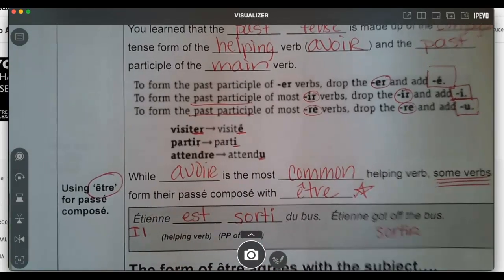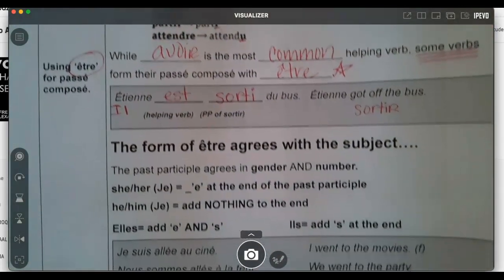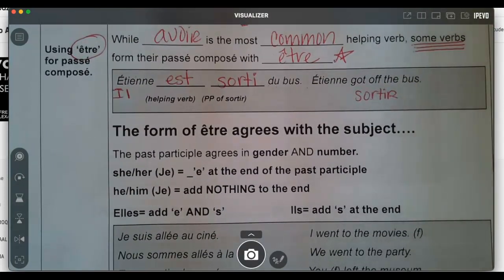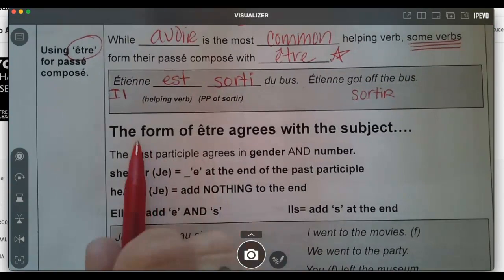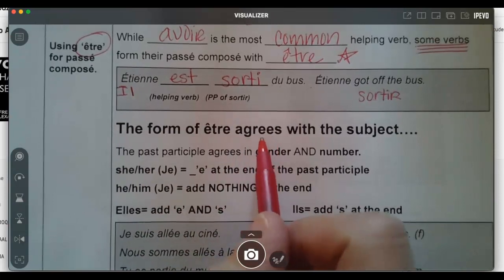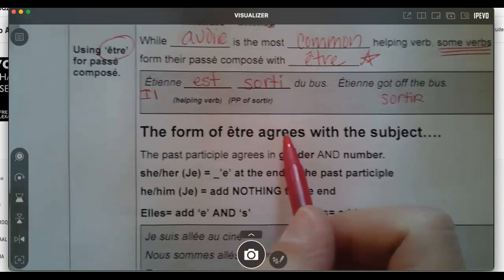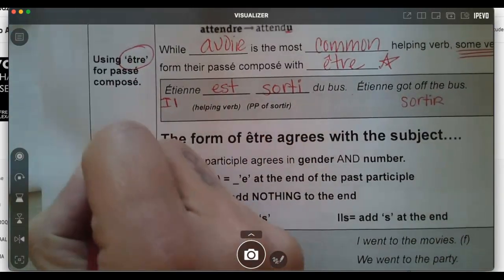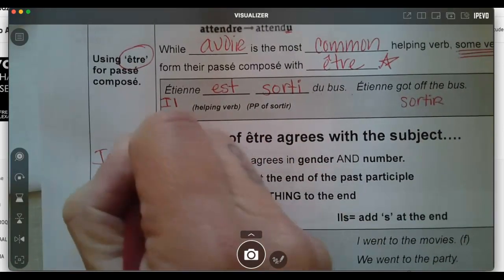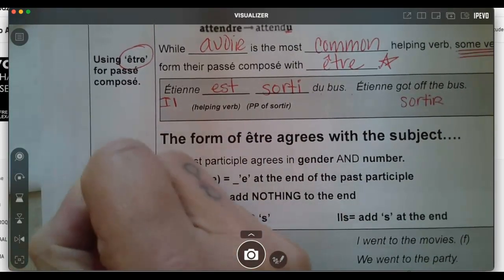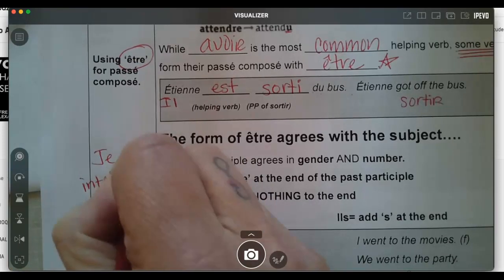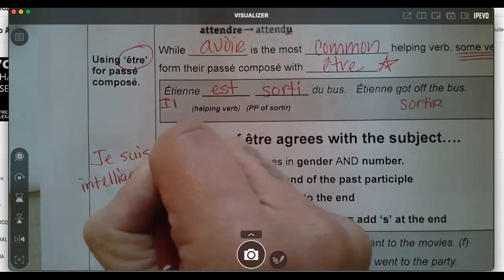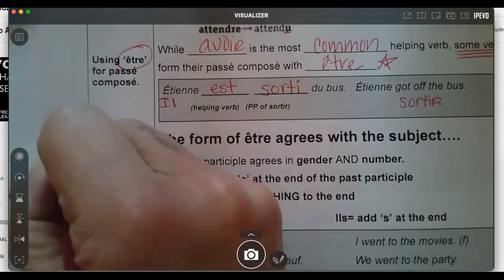All right? So let's take a look at something else, because this is special with être too. The form of être has to agree with the subject. That is true for the present tense, right? If I said, je suis intelligent, if I am a she, her, I have to put an E for intelligente.